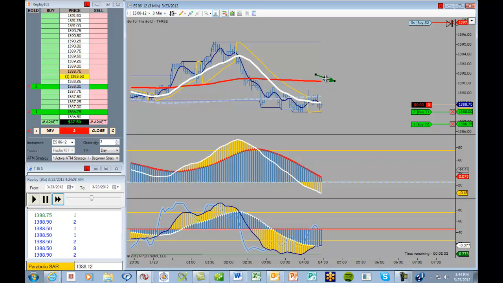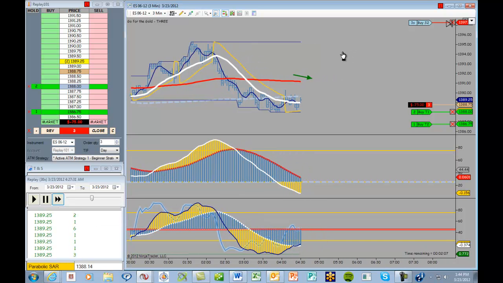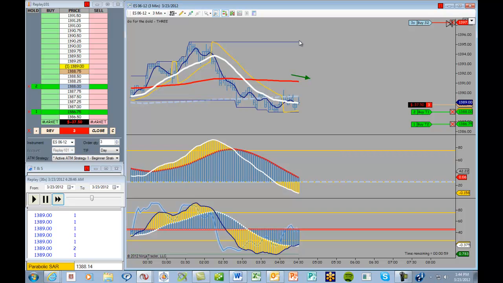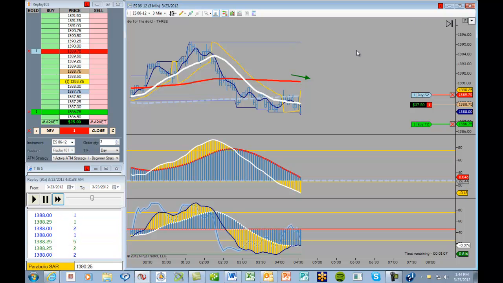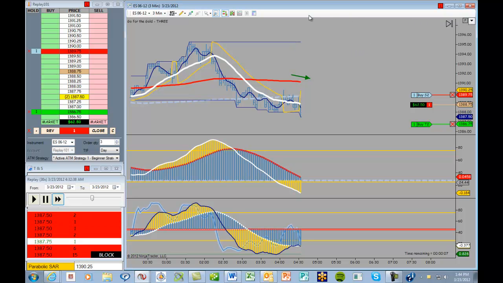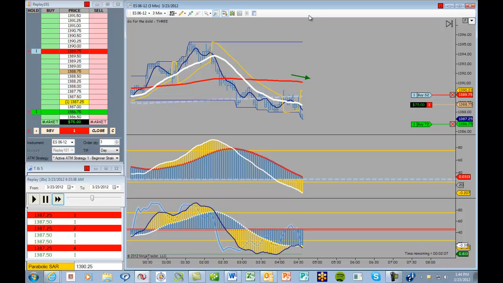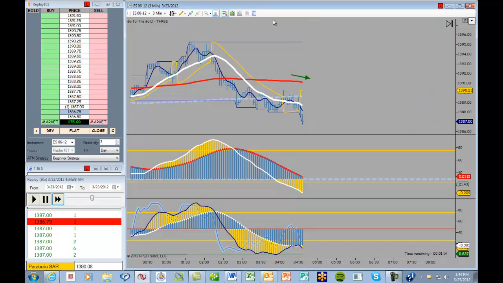Actually, we should probably put that above the red, shouldn't we? Okay, both targets hit.